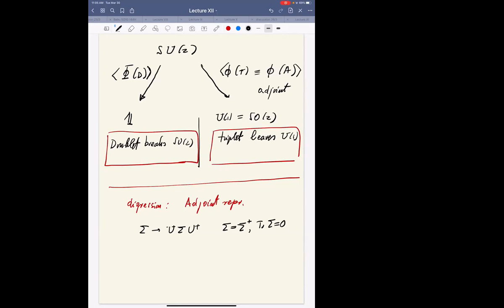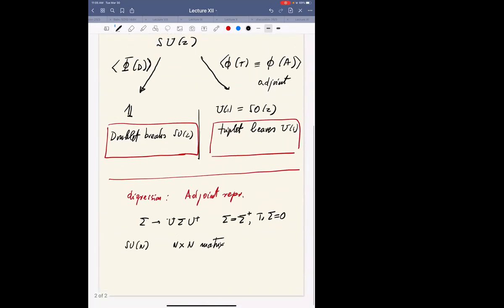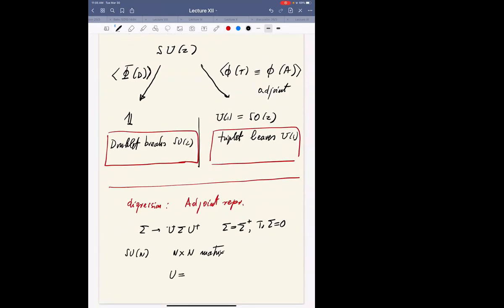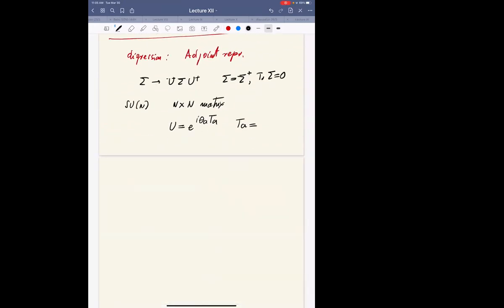In SU(N), this is an N by N matrix. U is e to the i theta^A T^A, where T^A is the fundamental representation. So in SU(2), T^A in the fundamental is sigma^A over 2.